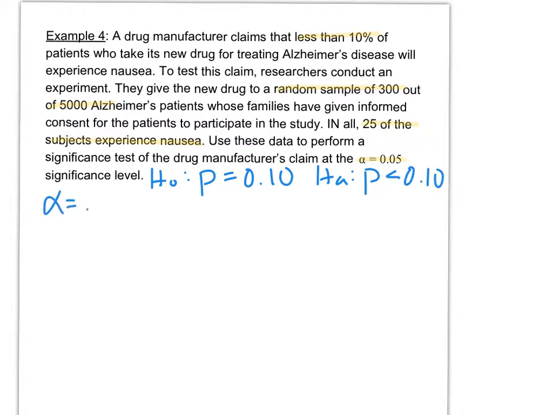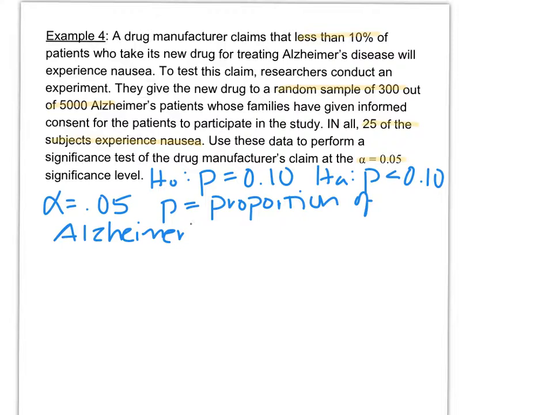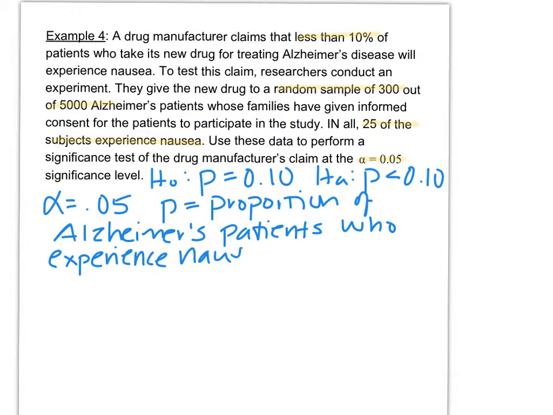We're looking to use a significance level of 0.05, and p is the proportion of Alzheimer's patients who experience nausea with the new medicine.